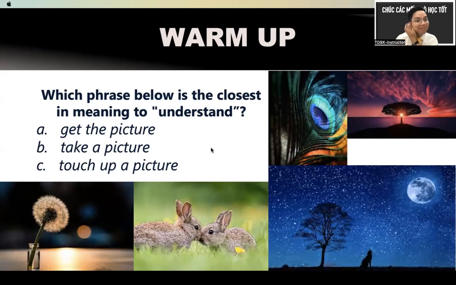How about Minh Đăng? I think I choose A, because when you get a picture, it means you know it and you get it. I think with C you touch something but you don't understand.